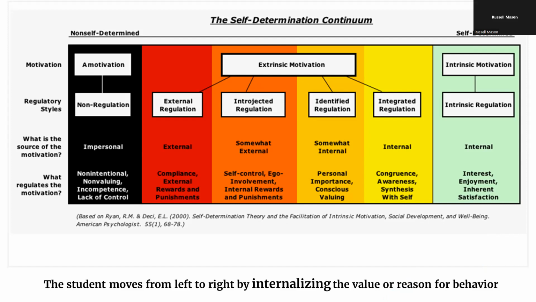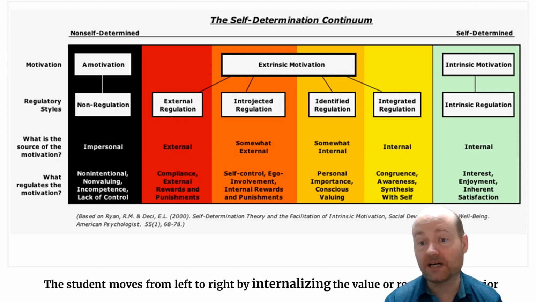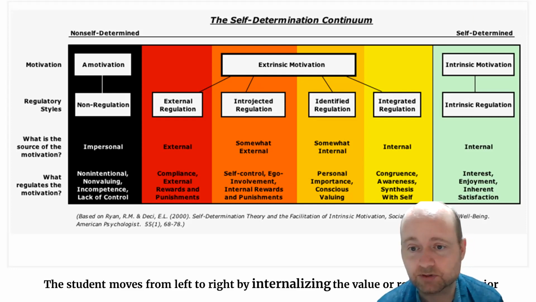If we look at, let's say, the third one, the orange and yellow ones, it says somewhat external and somewhat internal. So here, the student is beginning to understand the reasons for the regulations as they exist. At this point, the student starts to develop more self-determination because they can understand the reason for the rule or the regulation. So let's think about driving a car, for example.